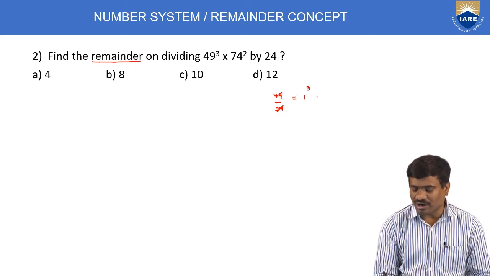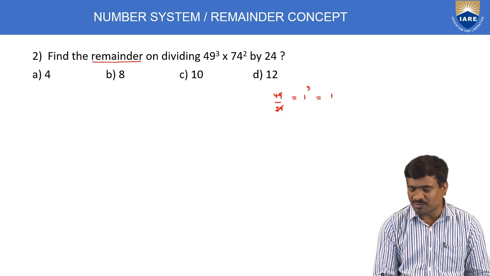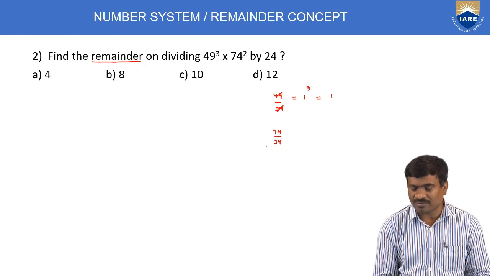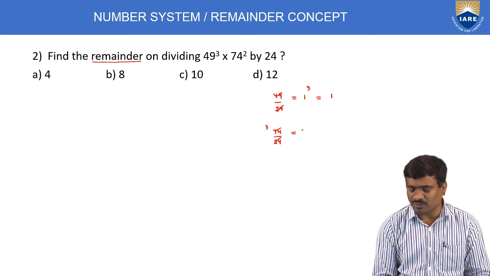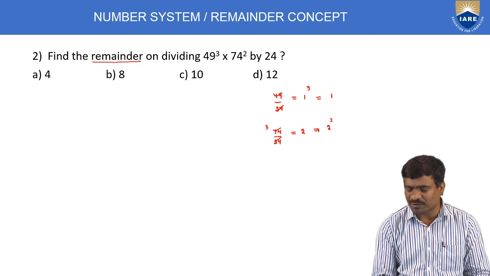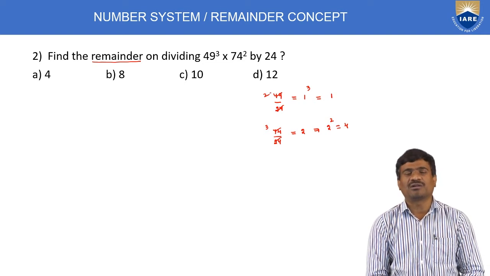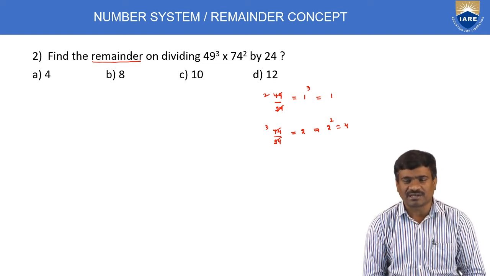Next apply the cube: 1 cube is only 1. Similarly, 74 divided by 24: 24 into 3 is 72, remainder only 2. Next apply the power: 2 to the power of 2 is 4. For 49 by 24, 24 into 2 is 48, remainder 1.